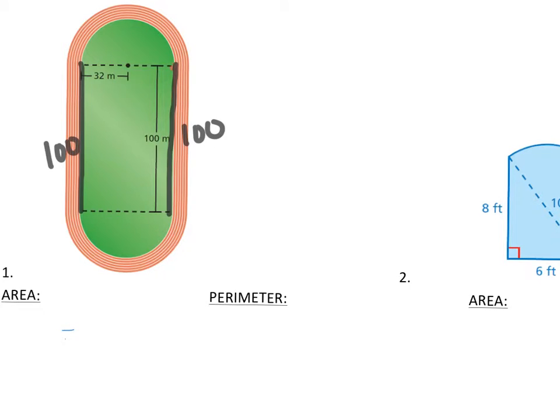So now I need to find the distance around the bottom semicircle and the top. In other words, one full circle. They give me the radius, remember, is 32. So I'm going to go ahead and find the circumference using 2 pi r.